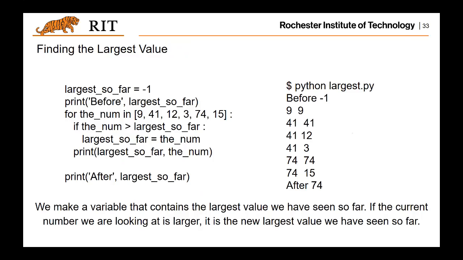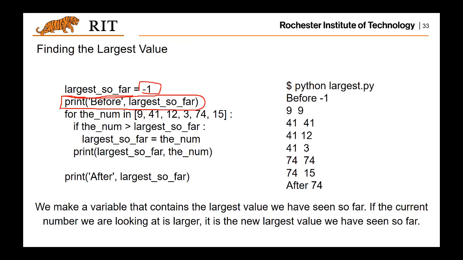So if we look at the code, it's something like this. The largest so far is assigned to -1, and also we print its number before the loop. Then let's loop through the array.